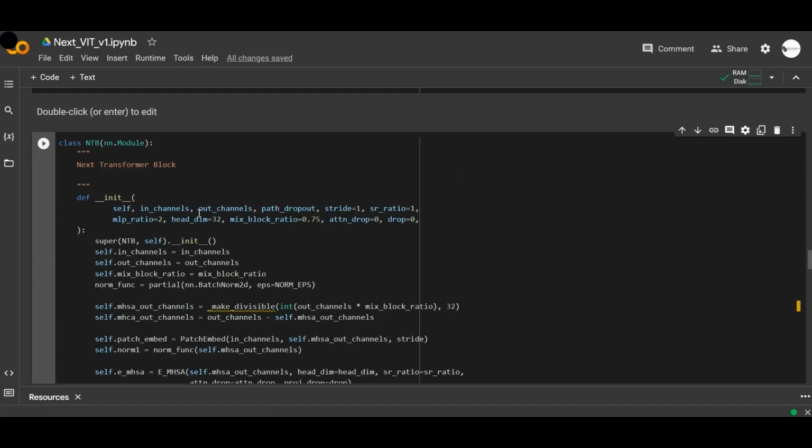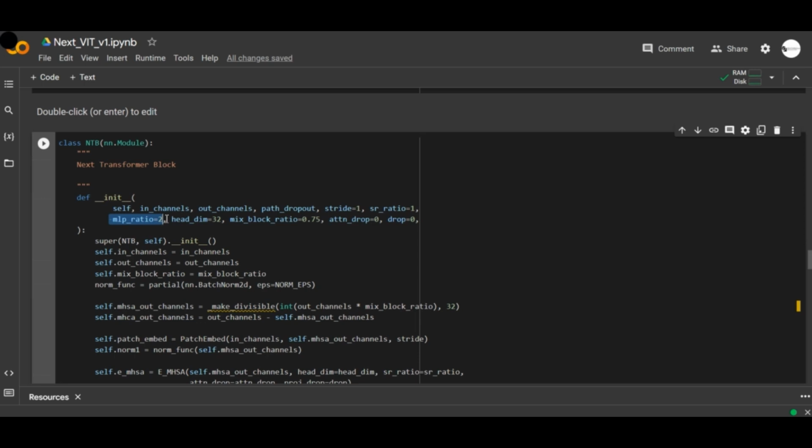So yeah, I think these are the inputs. However, some of these inputs, like SR ratio, I think this refers to the ratio between the input and output spatial resolution. Then we also have the MLP ratio, which could be referring to the ratio of the number of channels in the multi-layer perceptron to the number of channels in the input sequence.